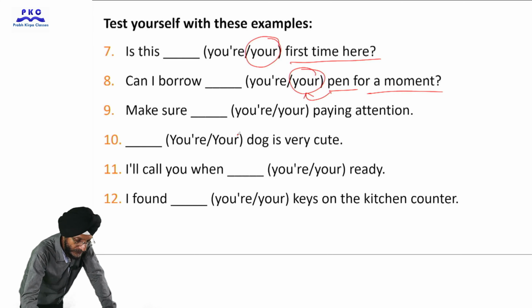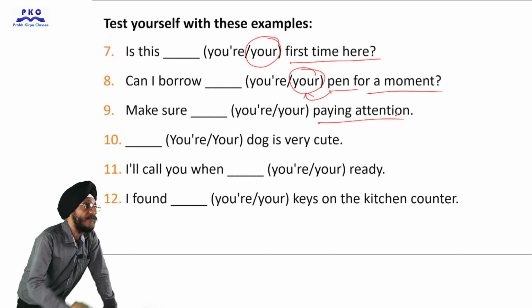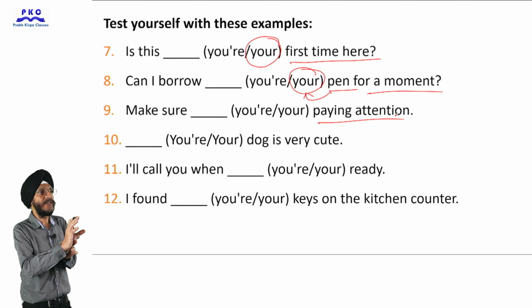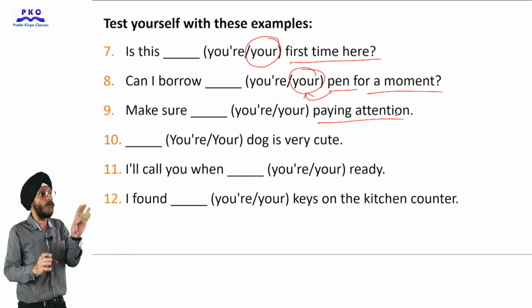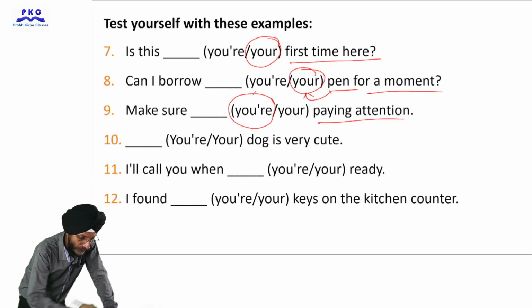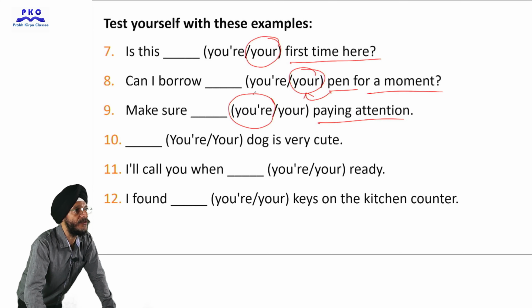Make sure dash paying attention. In this sentence there is no item which may show ownership or possession. So here, make sure you're, contraction form. Make sure you're paying attention.